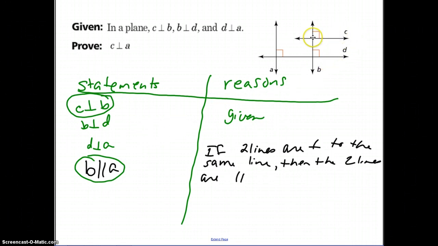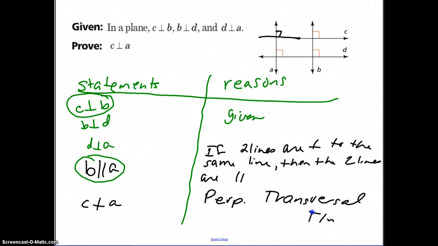I know that C is perpendicular to B. And I know that B is parallel to A. So what that means is if I continued C out, C would then be perpendicular to A. And that one had a name, so I can use its name. That was our perpendicular transversal theorem.